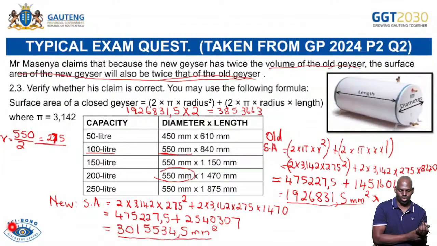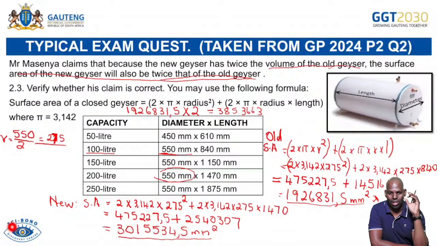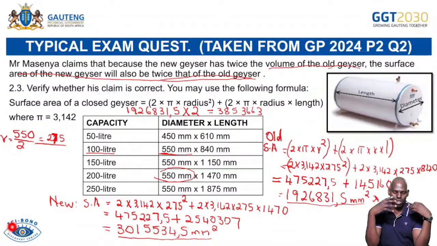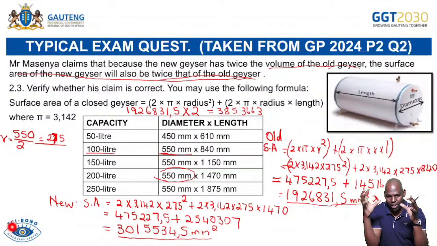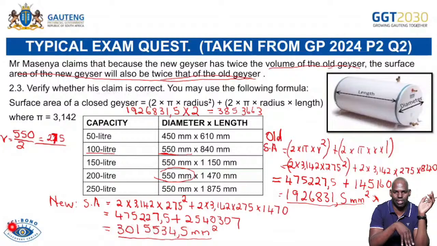While this one is 3,015,534. So it's actually not twice, but it's actually more than twice. Okay, it's a little bit more than twice. So verify whether his claim, the surface area of the new Giza will also be twice, is correct. When he says it will also be twice, it means when I take the surface area of the old one and multiply it by 2, I must get exactly the same answer.